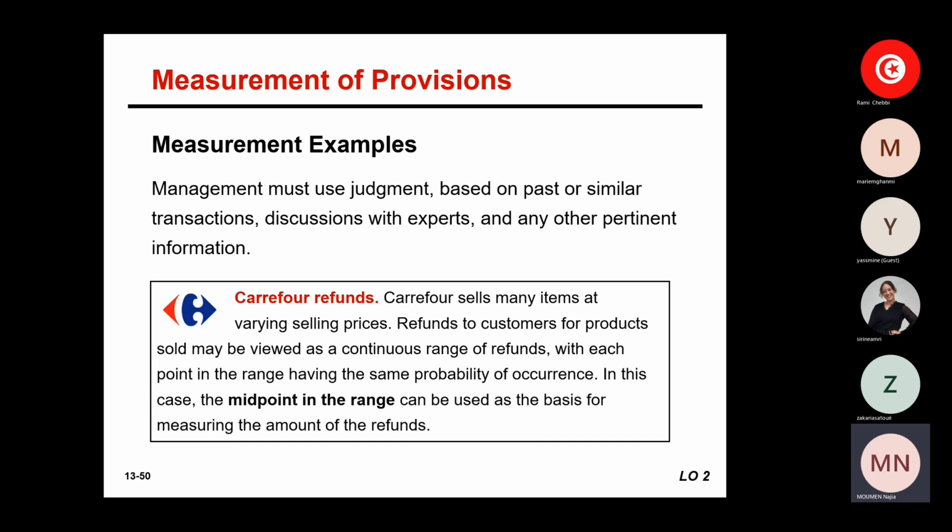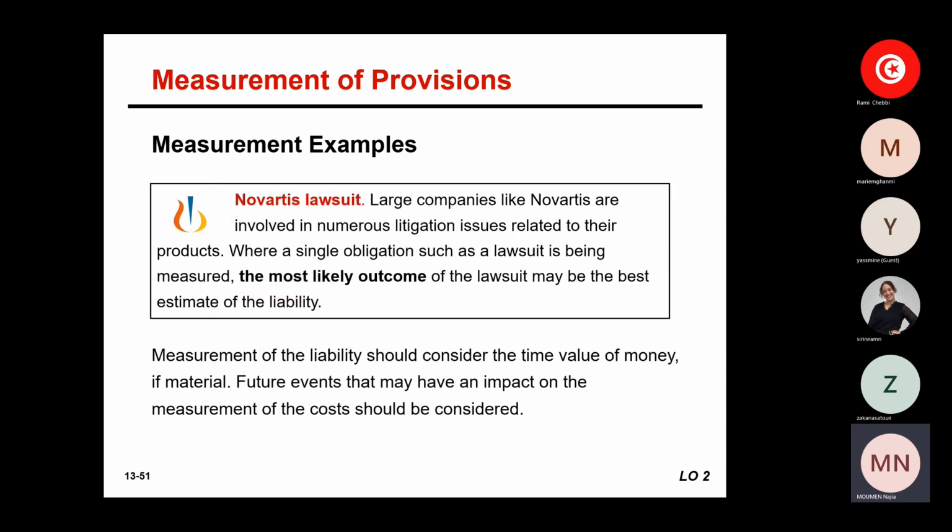Okay, so when we have this continuous situation of refunding, and many items sold at different selling prices, we're talking about taking the median in the range as the basis for measuring the amount of the refunds. Okay, so these are practical examples of how reliable estimates of these provisions can be measured.